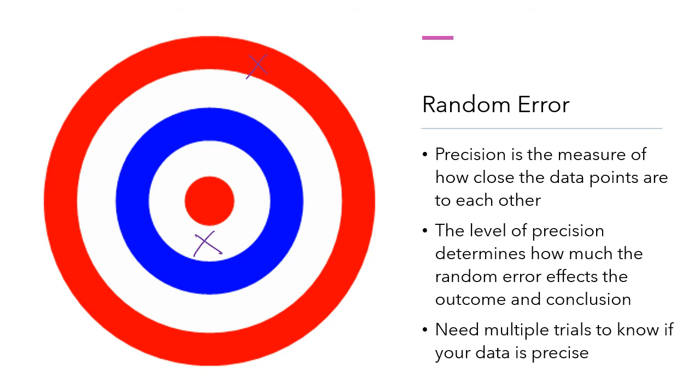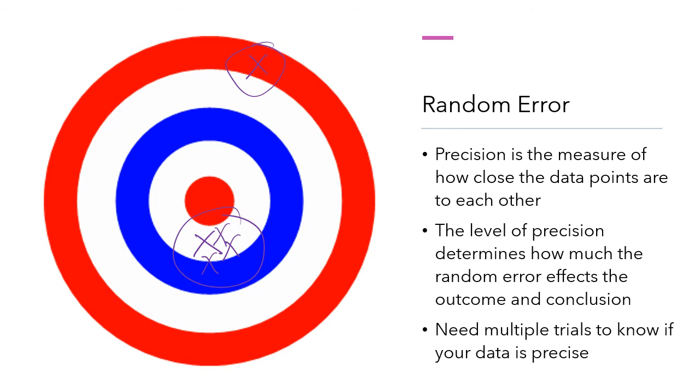But if the third dart comes out here, and the fourth dart comes out here, and the fifth dart comes out right here, you can see that all of a sudden the effect of this outlier data point becomes reduced, and more than likely you're going to predict, well, that next data point is going to be right here. So by doing multiple trials, we can reduce the effect of random error on the average of all the data points and our ability to predict what that next data point should be and how good our conclusion is about our data.